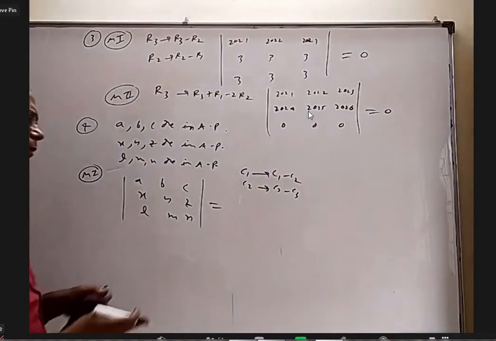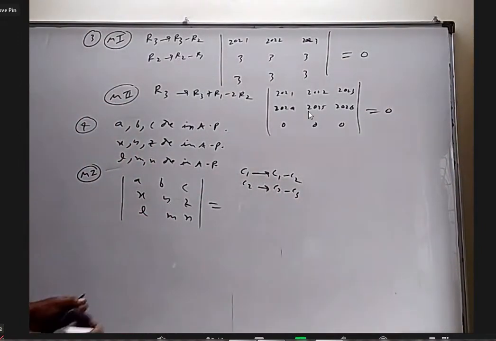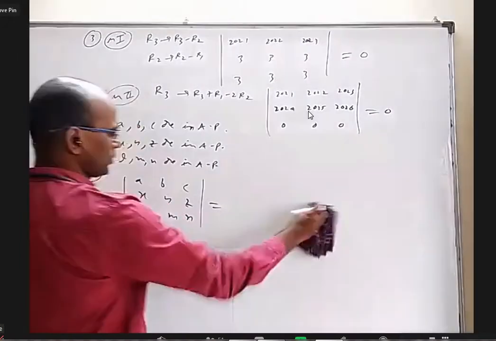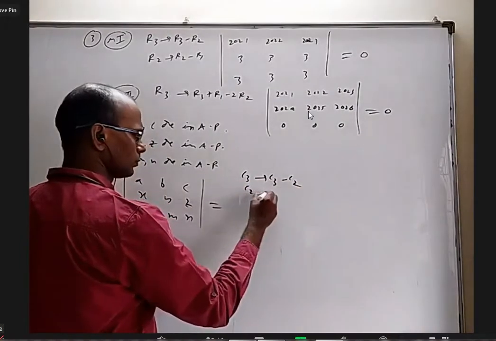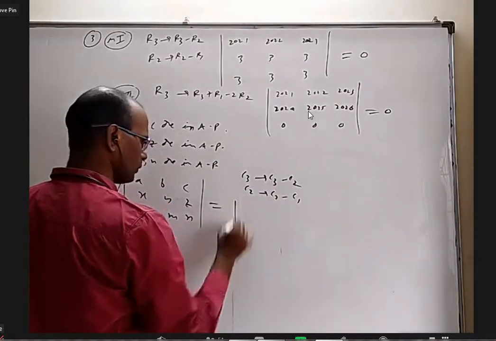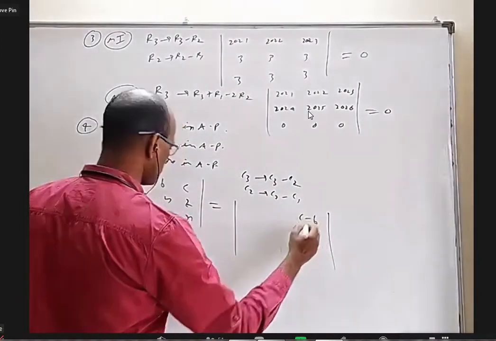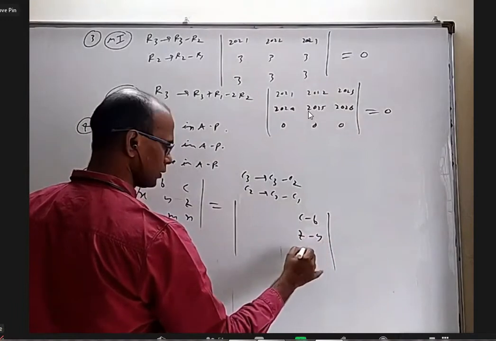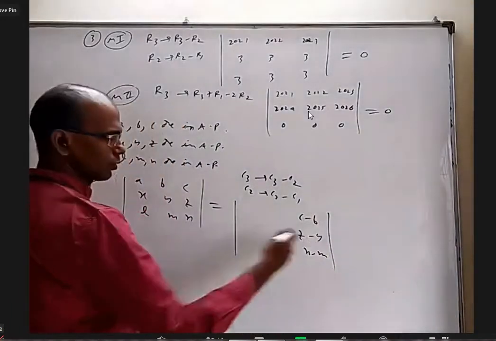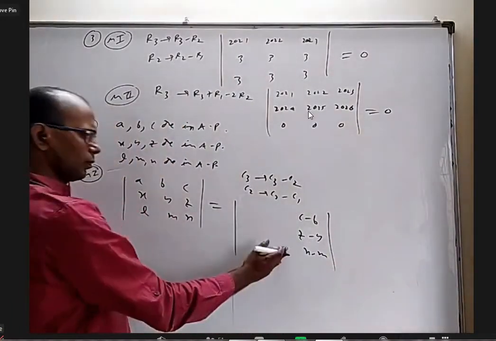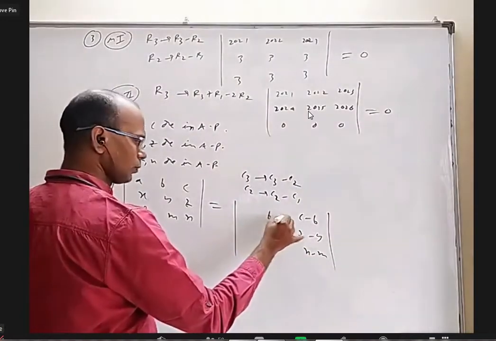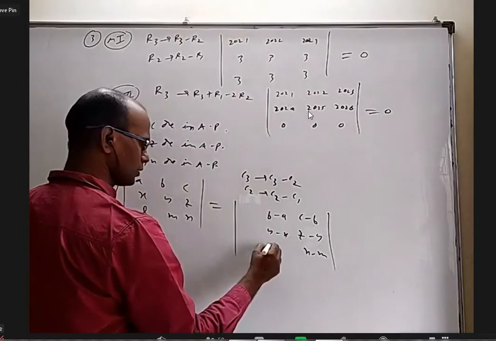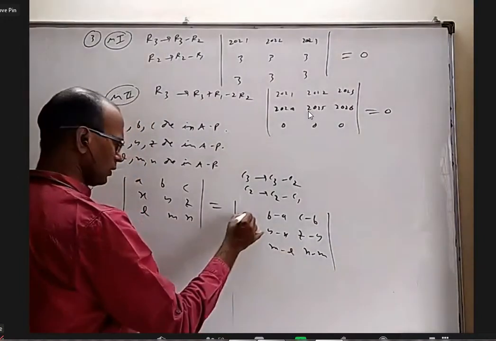Either way is fine. Sorry, I keep changing it. I will get C minus B, Z minus Y, N minus M. First column: third column remove second column. Second column, I'm changing it as column 2 minus column 1: B minus A, Y minus X, M minus L.